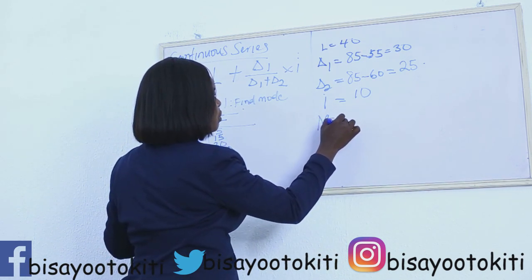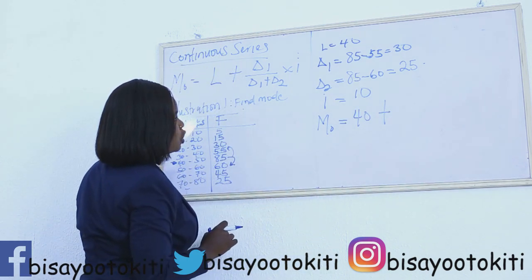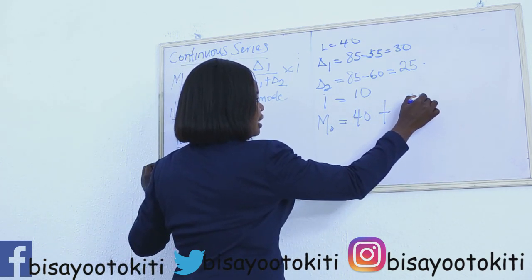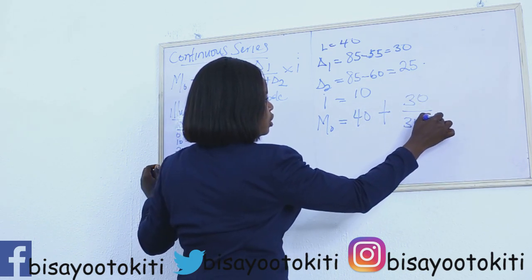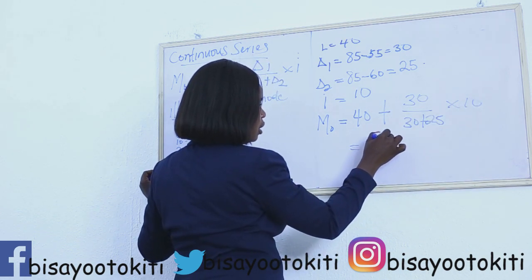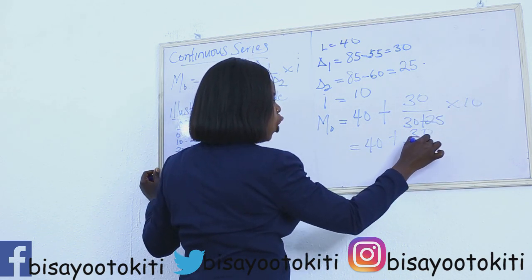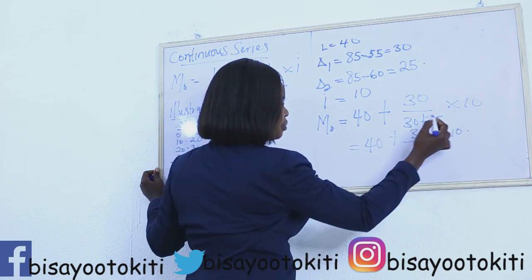So putting it into the formula to find our mode, L is 40 plus delta 1 over delta 1, 30, plus delta 2, 25, times 10. So that is equal to 40 plus 30 over 55 times 10.